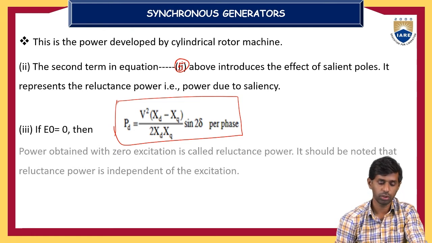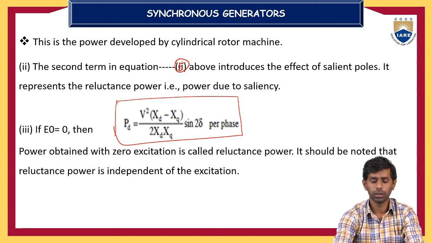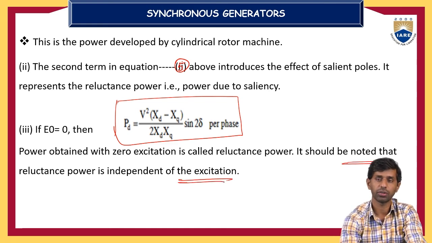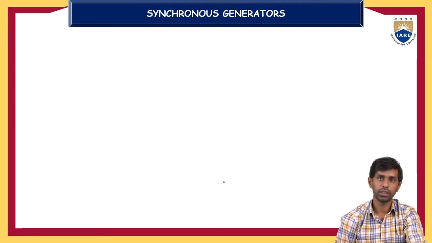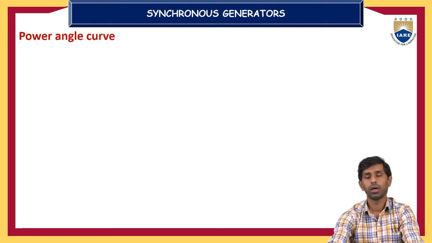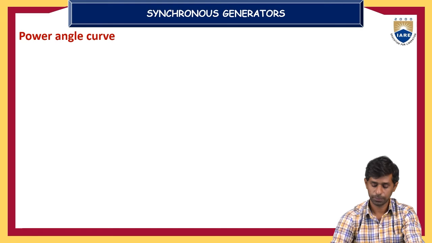If E is equal to 0, that is if the excitation is 0, the power obtained with zero excitation is called reluctance power. Reluctance power does not depend on the excitation of the alternator. This is all about the derivation of the power developed by a salient pole synchronous alternator.